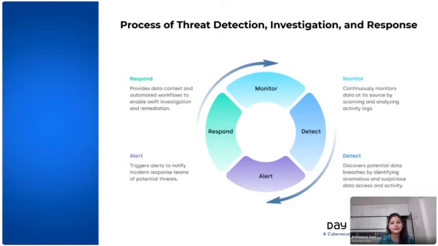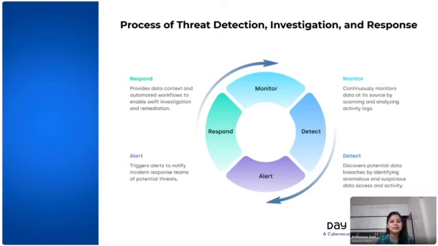Whenever we see any suspicious data access or data activity, we will detect it, analyze it, and then alert regarding it. Once we detect a suspicious activity, we create an alert out of it, on which the incident response team will be working.